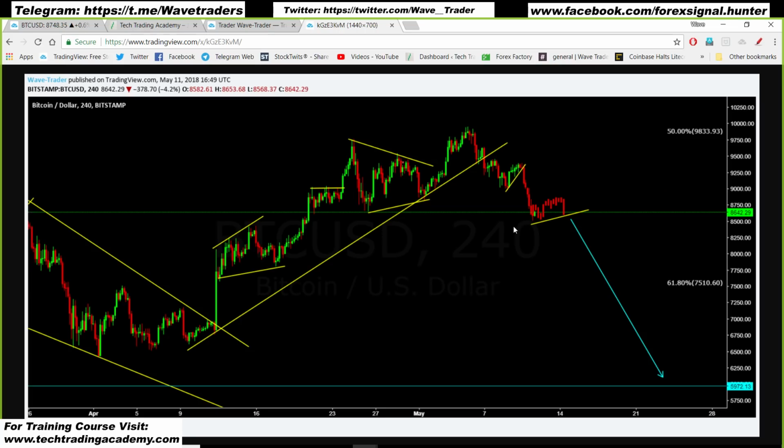This correction is just developing over there. So that's the trade on Bitcoin: the short-term sell back to that bottom.